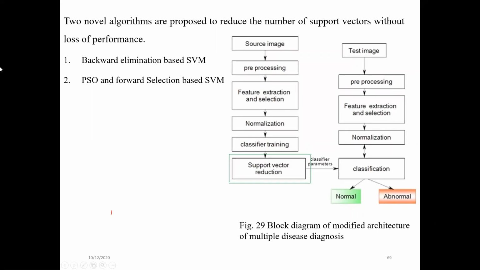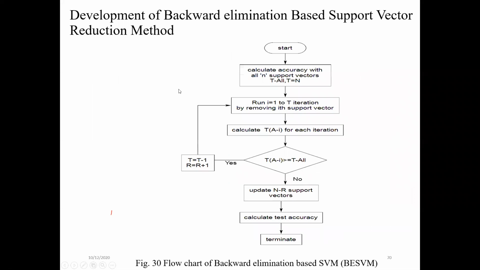So for classification of normal and abnormal, there are two novel algorithms: backward elimination based SVM, and PSO and forward selection based SVM. This is the flow diagram for the development of the backward elimination based SVM, the support vector reduction method. So you can calculate the accuracy with n support vectors.